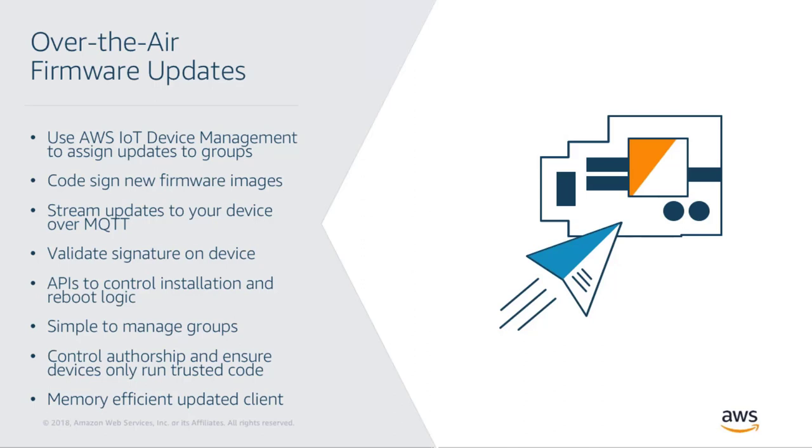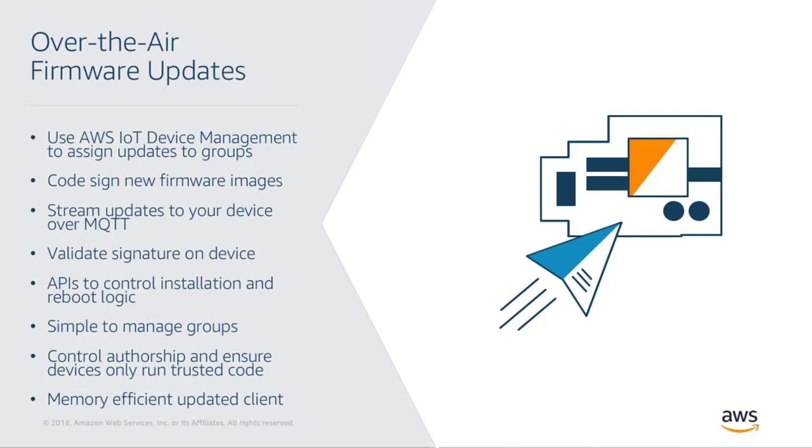We're talking about kilobytes, right? And also limited compute power. Amazon FreeRTOS makes the most of these scarce resources by using only a single TLS connection for updates and any other AWS IoT Core communications, and by using the lightweight MQTT protocol.